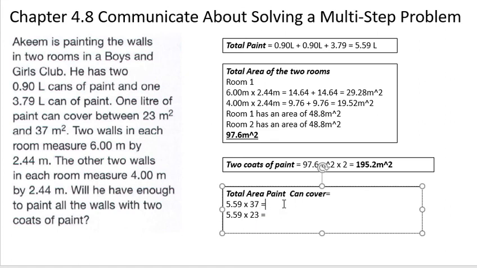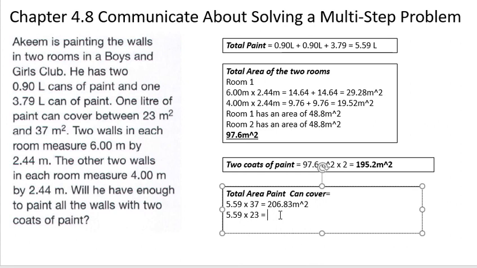So let's calculate this out. So 5.59 times 37 equals 206.83 meters squared. So if he can get the paint to cover 37 meters squared per liter, he would then, yes, have enough paint to cover.